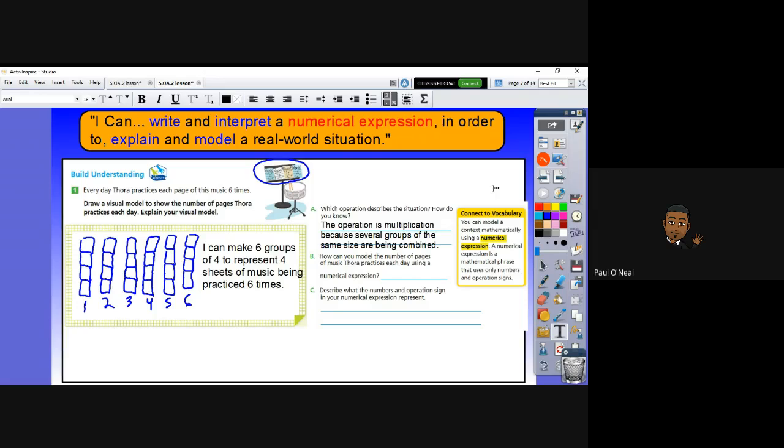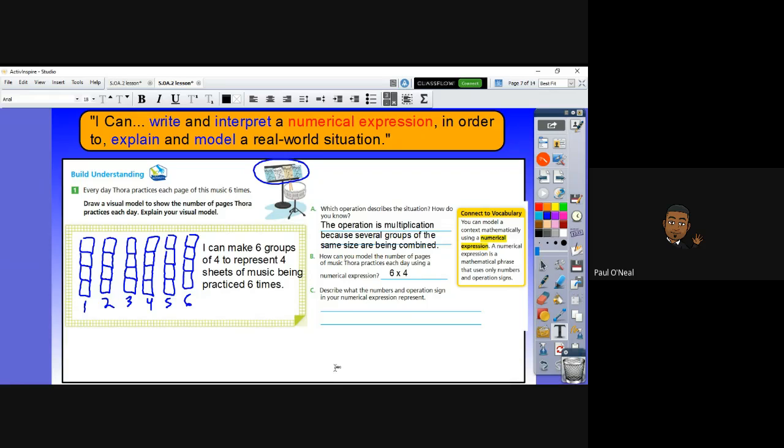How can you model the number of pages of music Thora practices each day using a numerical expression? Well, if we said there are 4 sheets of music and there are basically 6 times she practices this, and there are 6 groups of 4, we can possibly say that it could be 6 times 4.